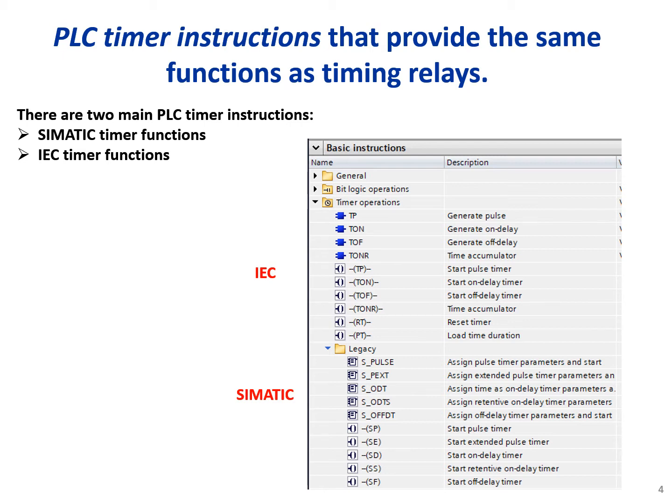So here you could go to the basic instructions in the TIA and you could find timer operations. Under timer operations, the first ones listed are IEC, and under the legacy, you could find the SIMATIC timers.